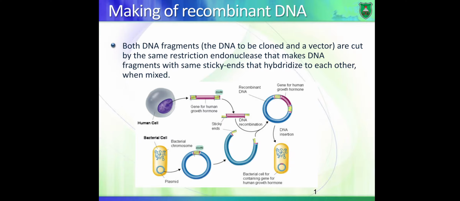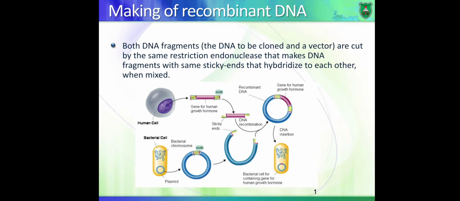The reason we use the same endonuclease is that the sticky ends of both the plasmid and the cDNA can then be complementary to each other. So we mix them and we close up the plasmid with the insert inside attached to it. First hydrogen bonds form, and then we use DNA ligase to close the gaps and form a phosphodiester bond.